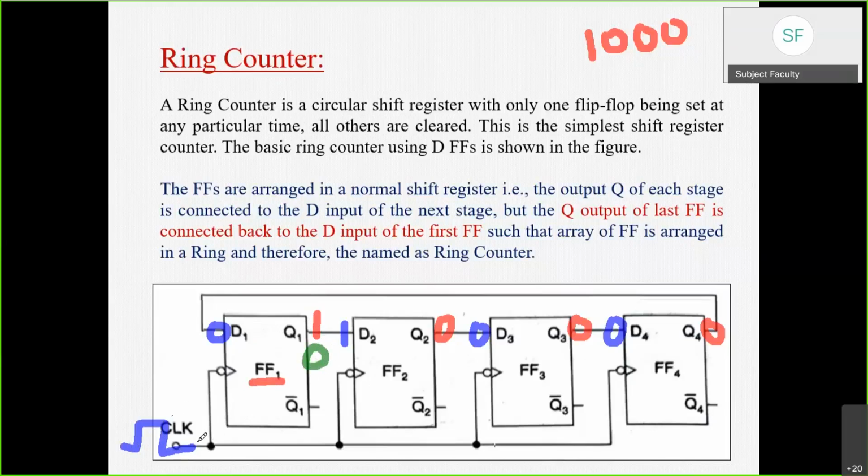For flip-flop 2, the input is 1, so output will be 1. For flip-flop 3, input is 0, output will be 0. Similarly, for flip-flop 4, input is 0, so output is also 0. Initially, this was our sequence. After application of the first clock pulse, our sequence has now become 0, 1, 0, 0.